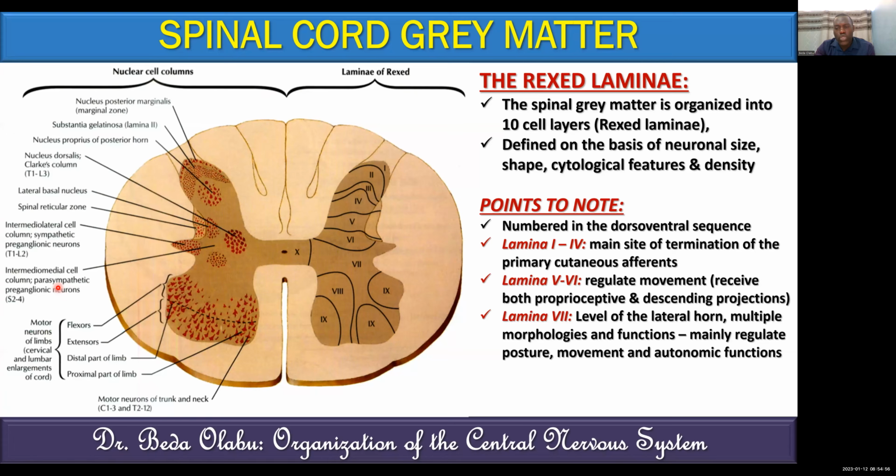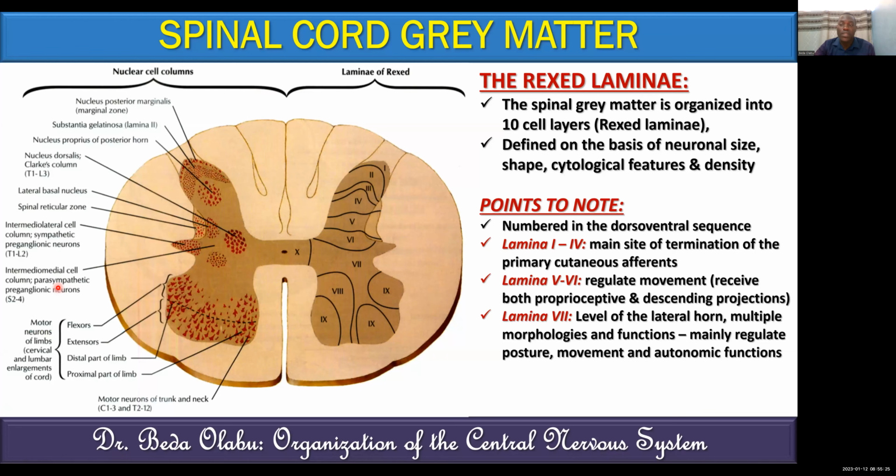So what I want you to understand is this: lamina 7 houses cell bodies of preganglionic autonomic neurons. Those are particularly present in the lateral horn. So you'll only have those in segments T1 to L2 or L3, and S2 to S4.